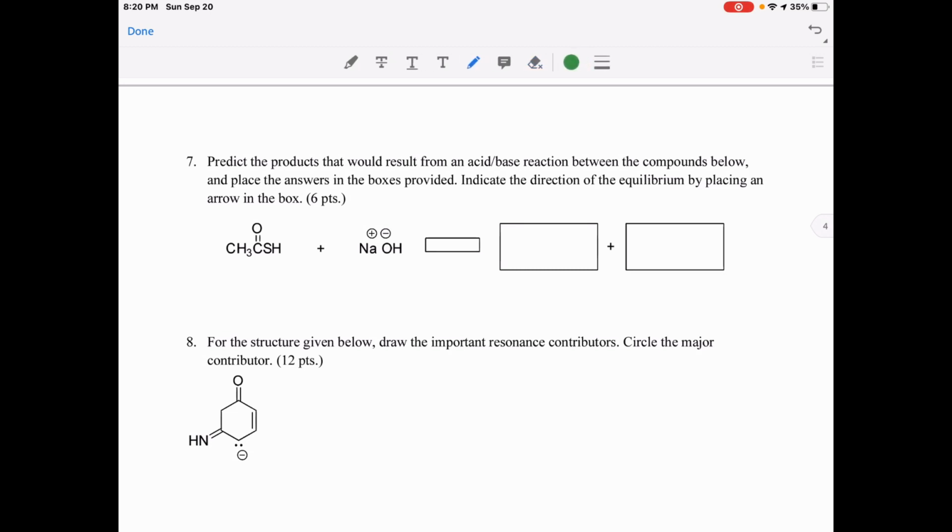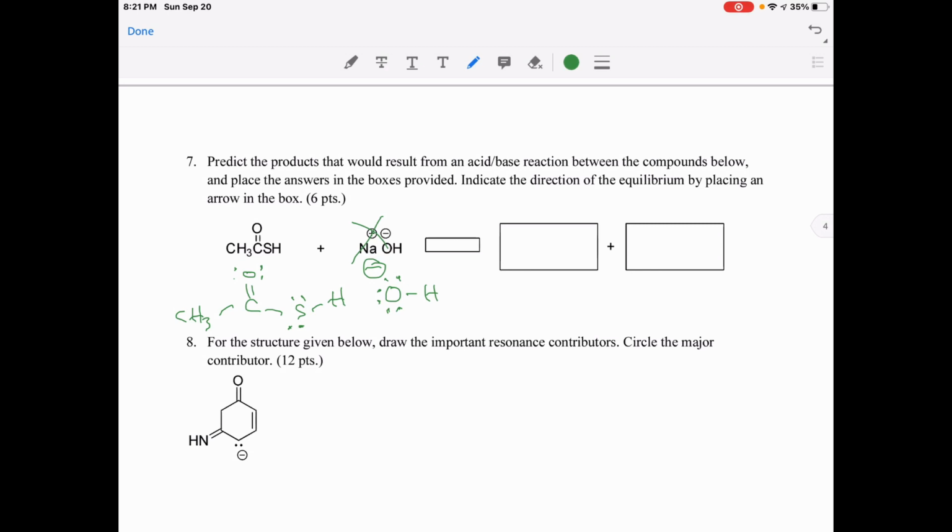When we do that, we get the following. So the sodium is considered a spectator ion here.